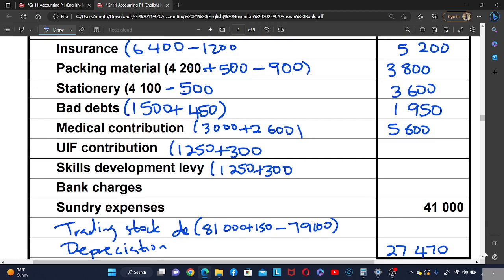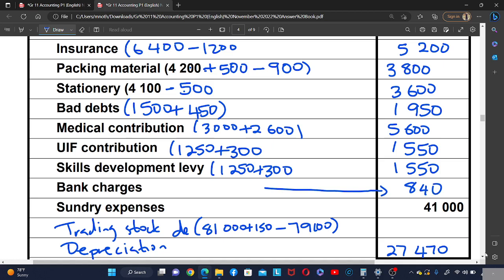And then this is 1,550. Then the bank charges there in the trial balance they were given, they are 840.